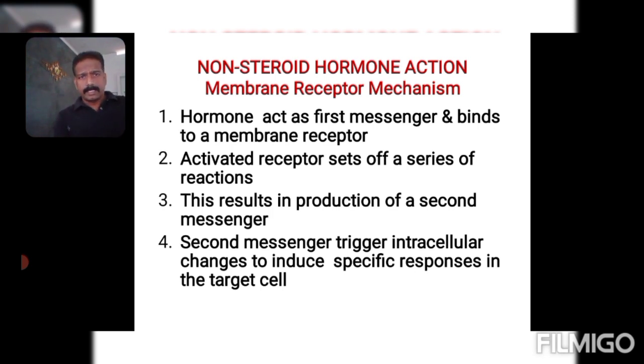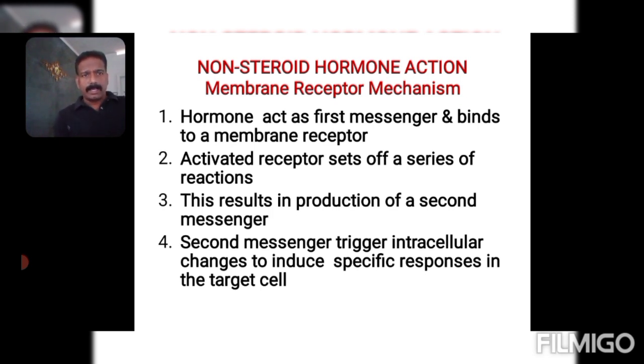And there are different types of second messengers like calcium, cyclic AMP, inositol triphosphate, which all can act as second messengers which pass the message, and the second messenger triggers intracellular changes inside the cell so as to induce specific responses in the target cell. This is actually by inducing or activating other enzymes.